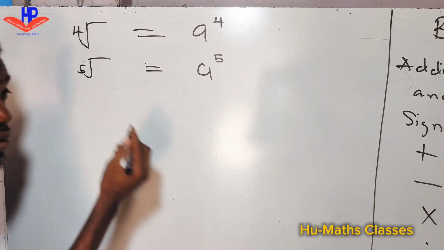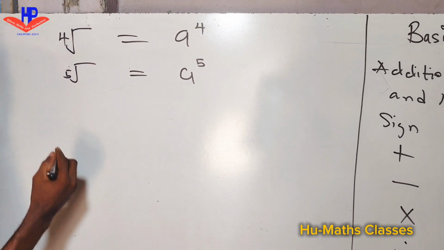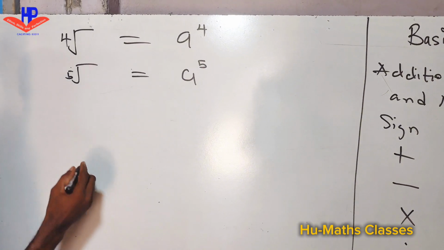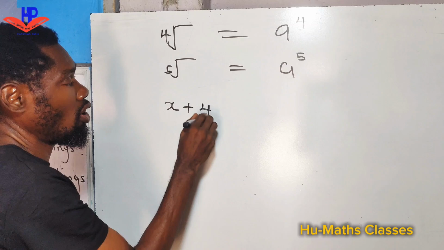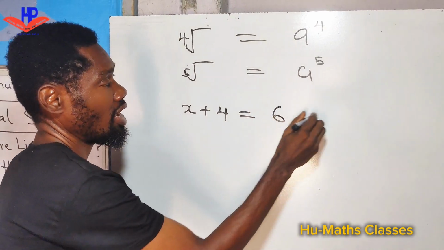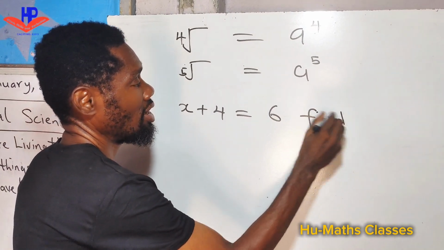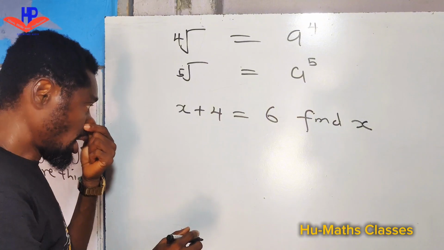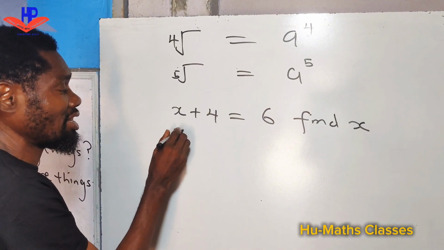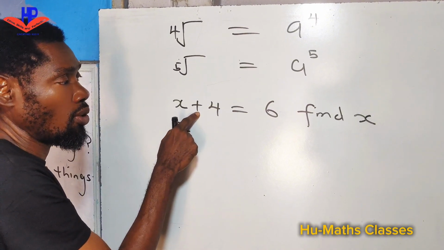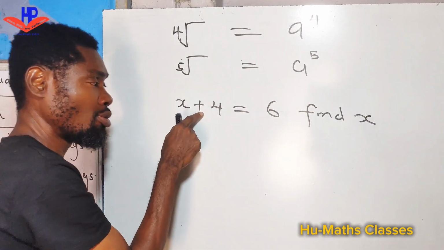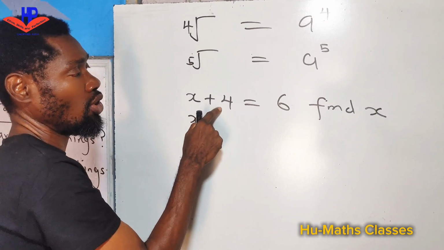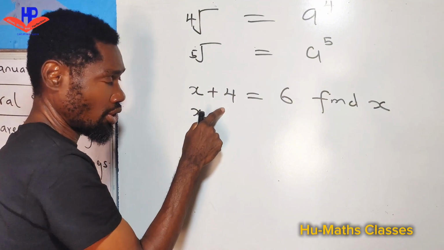Why am I showing you all this? It will help you solve basic, simple problems. For instance, if you have x plus 4 is equal to 6 and you're asked to find x, you understand that x has a barrier which is plus 4, but you're asked to find x, so you must remove this plus 4 barrier to the other side of the equation.